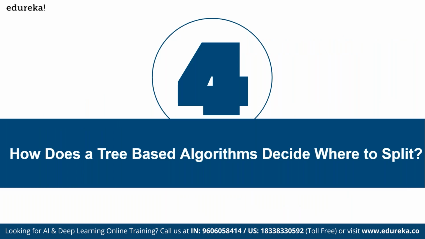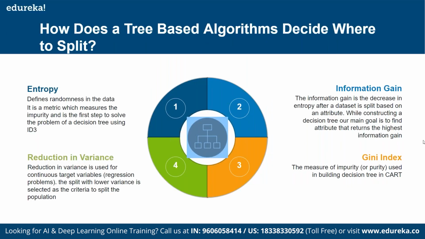So how does a decision tree algorithm decide where to split? We already know this question, right? We have learned it ahead of time. So through Gini index, the measure of impurity is used in building the decision tree in CART. But Gini index is not the only way of deciding it. We have other methods also. One is called reduction in variance.